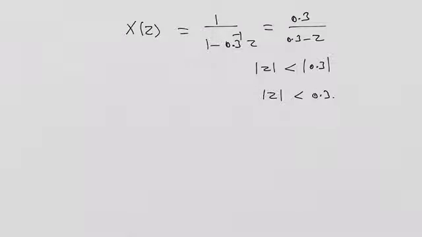You will write this as x of n, through inverse z transformation, equal to 0.3 power n u of minus n, an anti-causal sequence. This is called an anti-causal sequence.